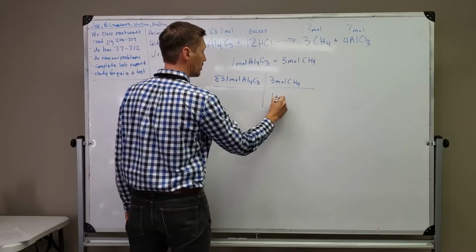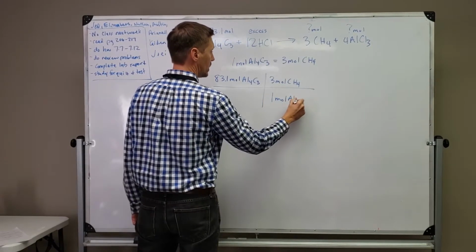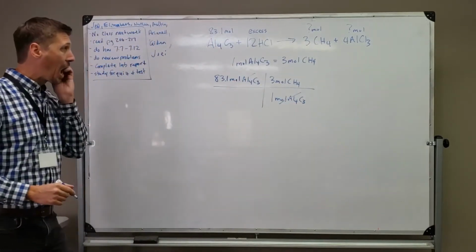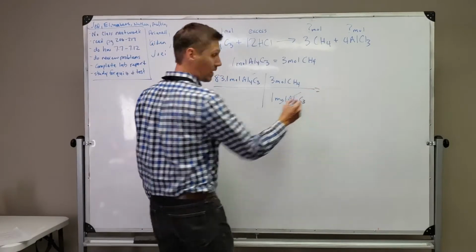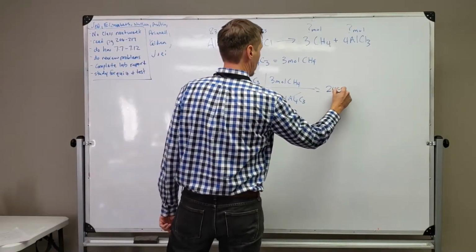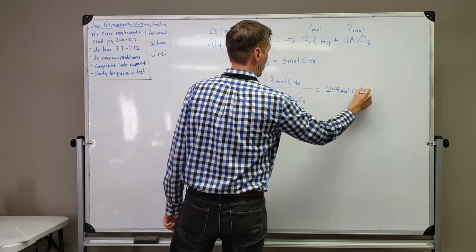And I'm going to put the moles of Al4C3 on the bottom because that's the unit I want to cancel out. And so when I multiply that together, I get 249 moles of CH4.